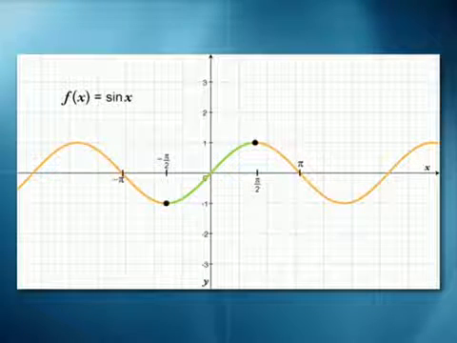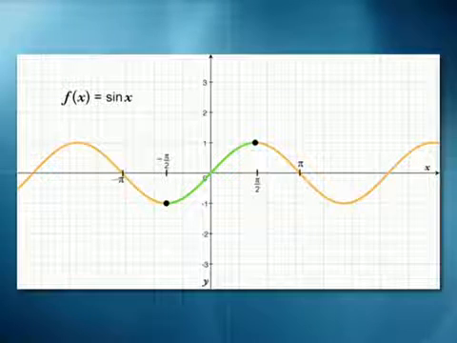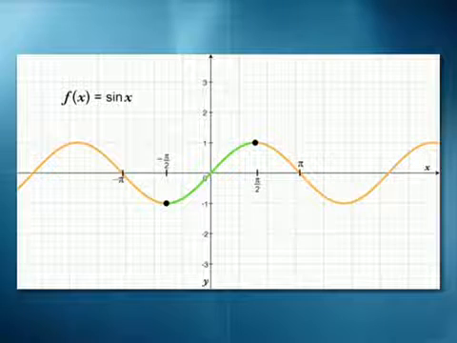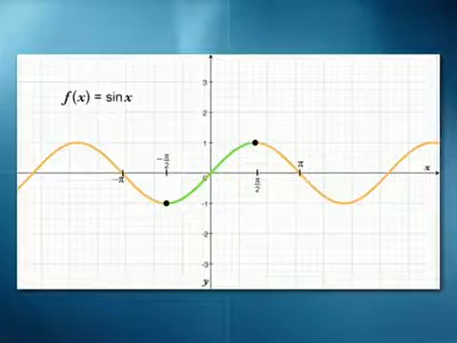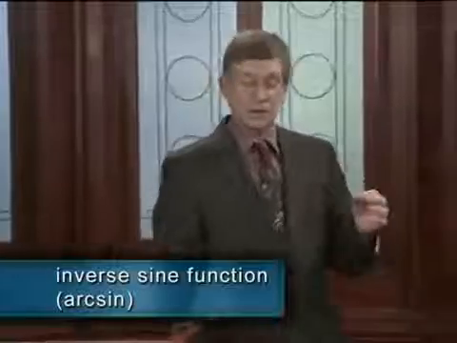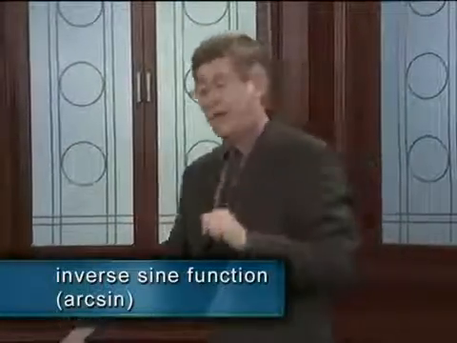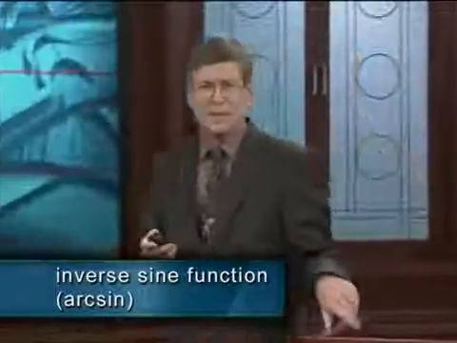But if I restrict the domain to the closed interval minus pi over 2 to pi over 2, on that little interval, you see that the function is one-to-one, and hence it has an inverse. And the inverse is called the inverse sine function, sometimes called arc sine. I prefer that word arc sine, but both are used interchangeably.